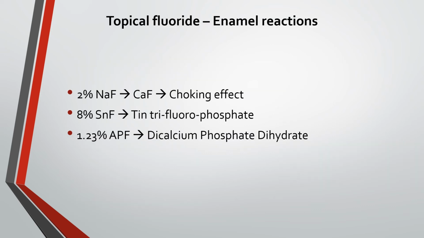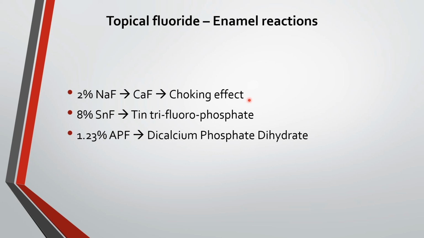Okay, so when you apply topical fluoride, there are some enamel reactions going on at the surface. For example, when you apply 2% sodium fluoride, calcium fluoride is formed, and when you keep applying 2% sodium fluoride over 4 minutes, there comes a level where the layer of calcium fluoride is formed and you have a choking effect. What this choking effect basically means is that if you apply 2% sodium fluoride for more than 4 minutes, like 8 minutes or 20 minutes, you will not have any additional advantage.